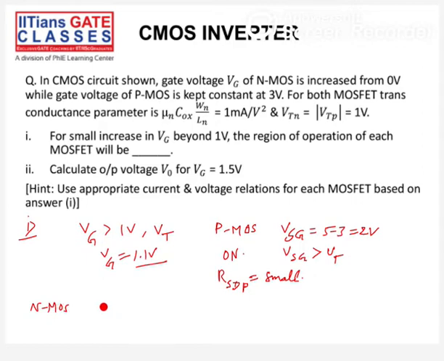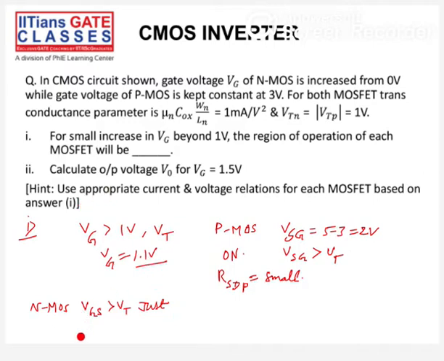in this case, VGS is just greater than VT. Just means it is like 1.1 volt. So in this case, it is in the transient state. It is in the transient state means it is at the verge of conduction only.